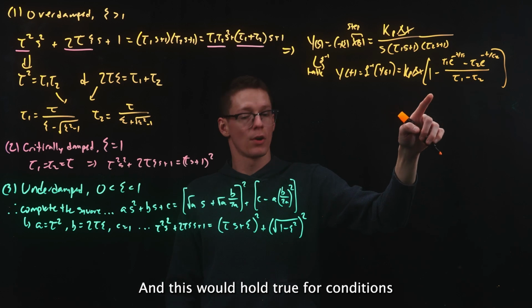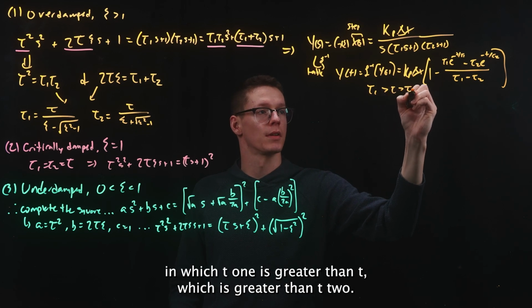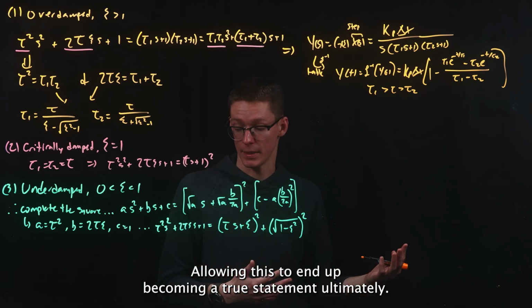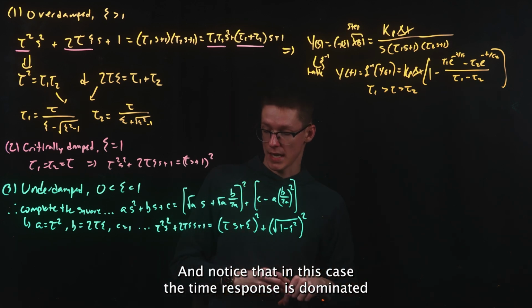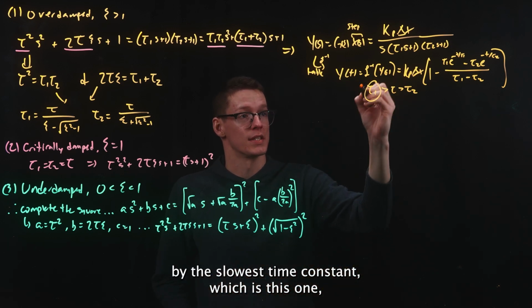And this would hold true for conditions in which t1 is greater than t, which is greater than t2, allowing this to end up becoming a true statement ultimately. And notice that in this case, the time response is dominated by the slowest time constant, which is this one.